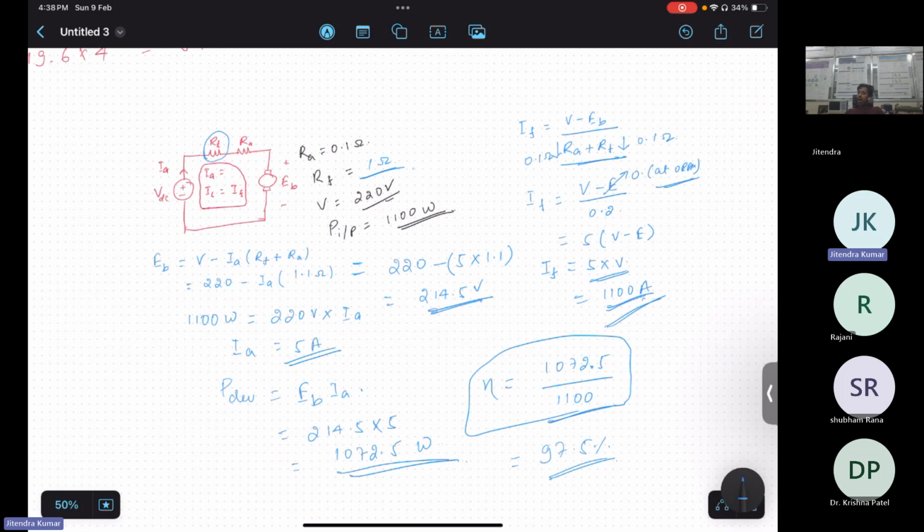But it will give you an idea: if you are given the output power, you can calculate the input power, and input power is definitely higher than the output power. In a DC motor, output power is mechanical power, and in a DC generator, output power is electrical power.